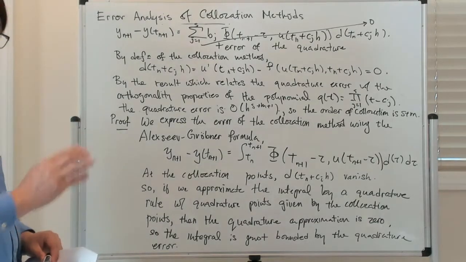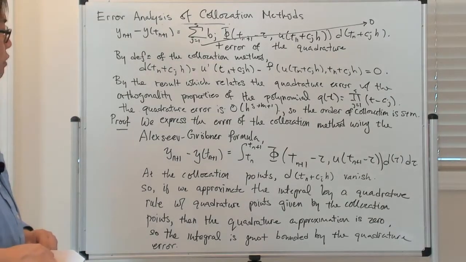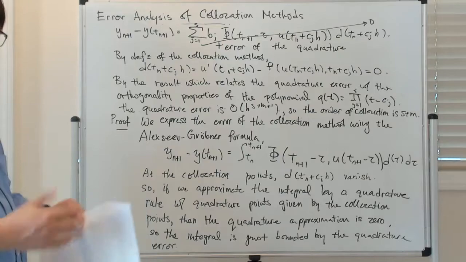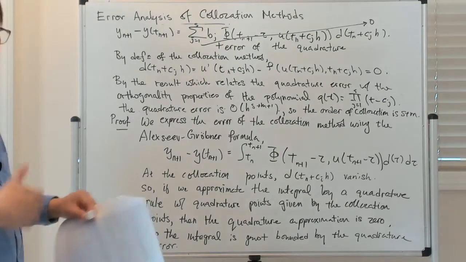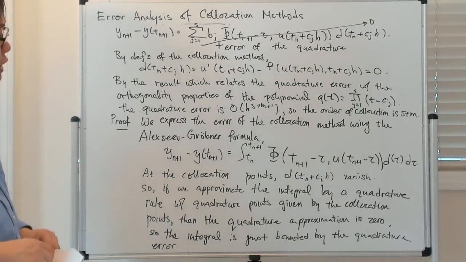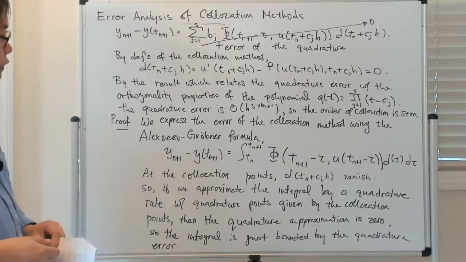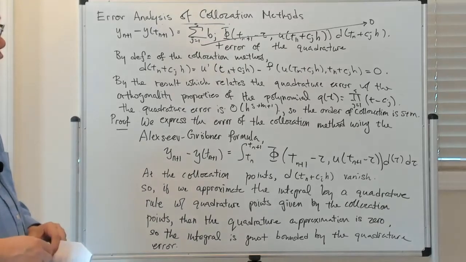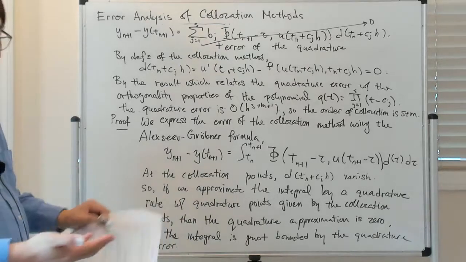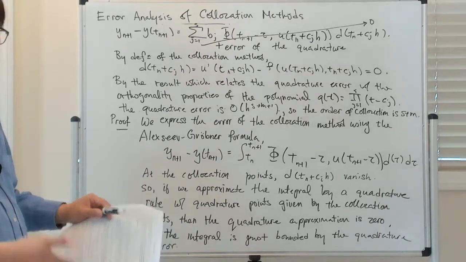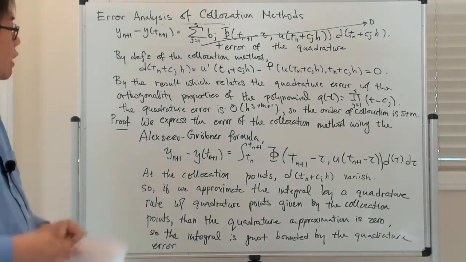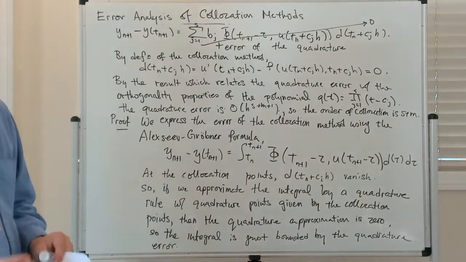So we'll talk about how you can more systematically do the error analysis of Runge-Kutta methods using rooted trees, which give you a nice combinatorial way of tracking the derivatives you get when you take the total derivative and write it in terms of f times d/dy, for example. We'll study that in a little bit.